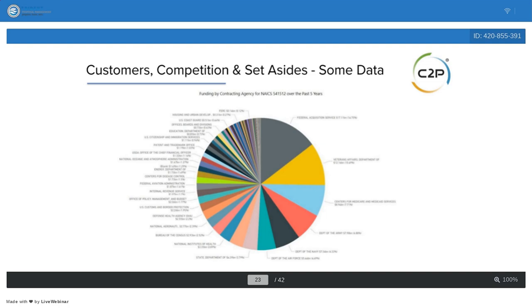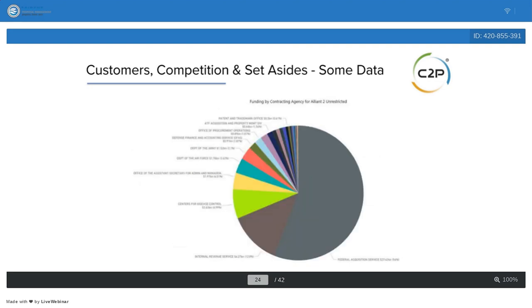You can see Federal Acquisition Service, Veterans Affairs, and Centers for Medicare and Medicaid Services are the three biggest. We know we've got VETS 2 as a vehicle. We know we've got CIO-SP3 right now and CIO-SP4 coming out. So we'd have to do a little bit more digging to determine who's both in this arena and who will be using Polaris.